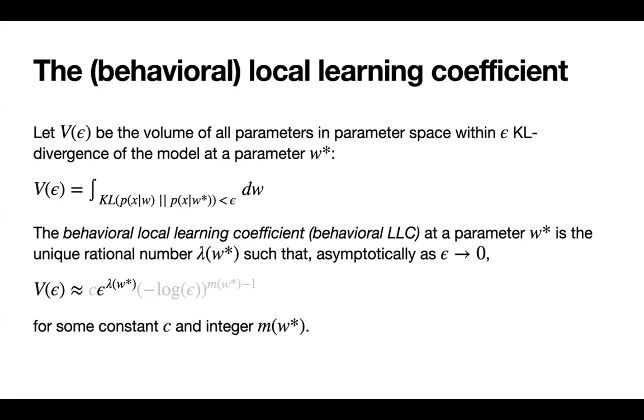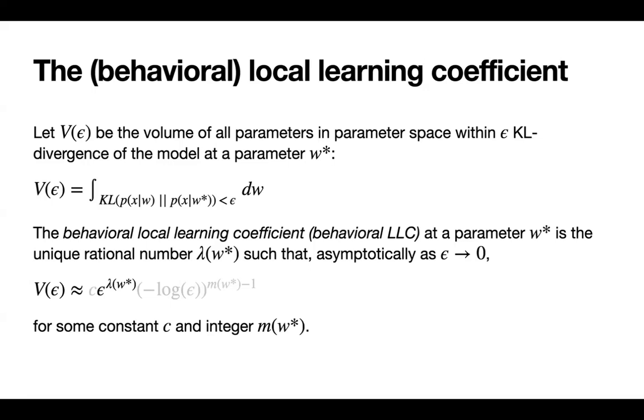What we do is we look at all parameters in parameter space within epsilon KL divergence of the model at this parameter. The KL divergence is again like a statistical distance. So we're looking at how many parameters in parameter space are within this distance in function space of this particular parameter. What is the volume as a function of this tolerance epsilon?